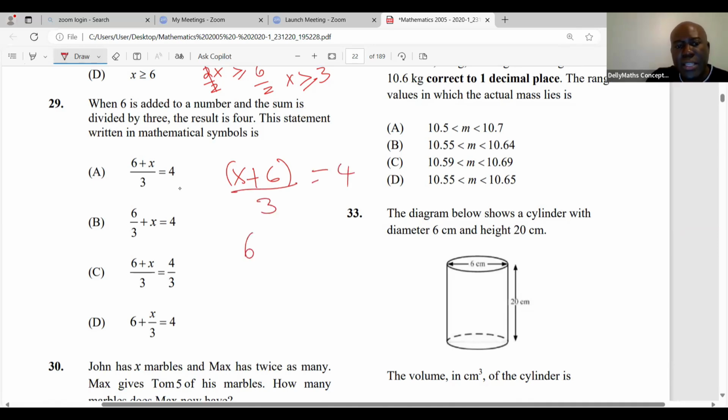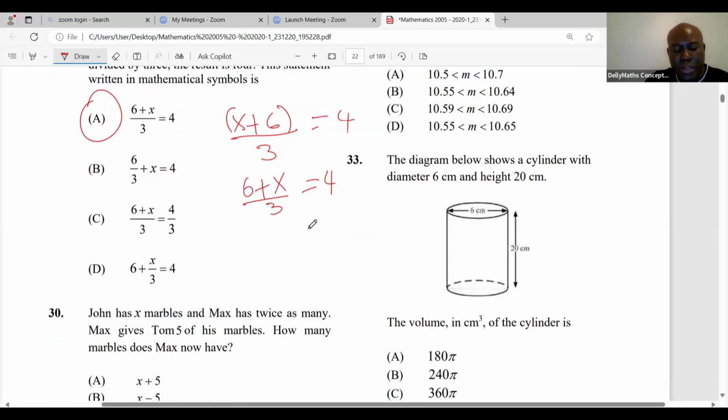So I'm looking for this, or you're looking for this, right? Same thing, which is this. So make sure that you have the right context for the question. And this key word that says sum tells you that everything there must be divided by 3.